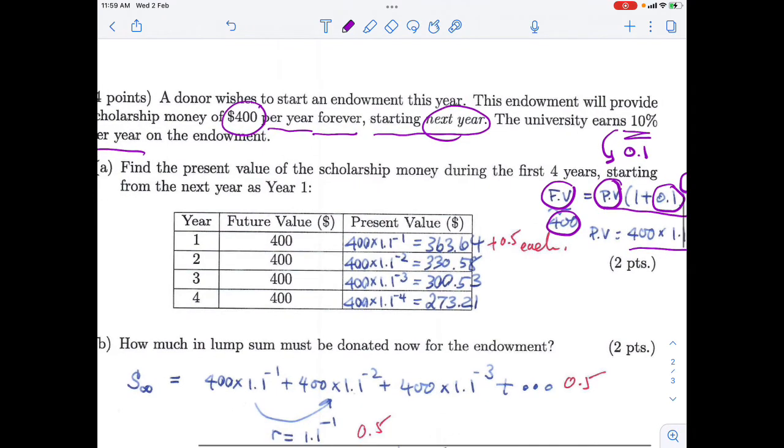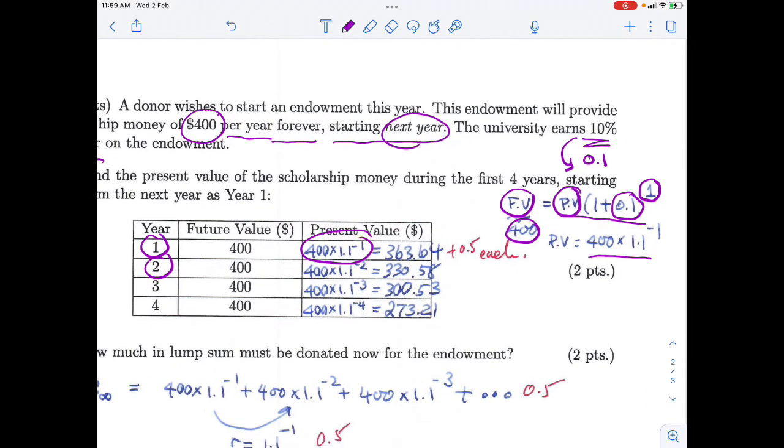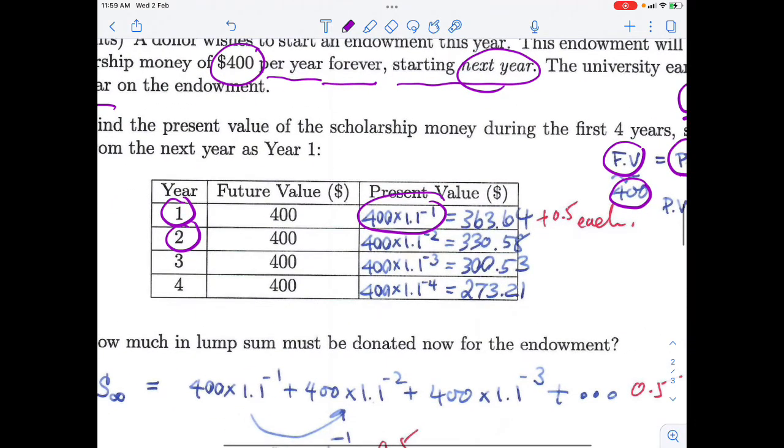Okay, so that's for year number 1. Year number 2, we can do the same kind of equation, but now the power becomes 2 because it's going to take 2 years. And again, you solve for PV, so it's 400 multiplied with 1.1 raised to power negative 2. 3 years, it's going to be power negative 3. 4 years, power negative 4.